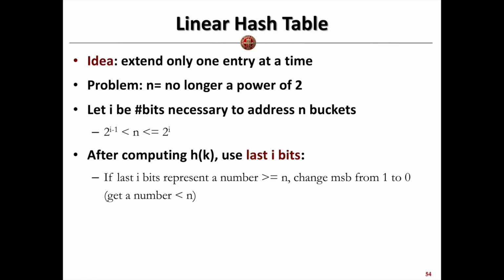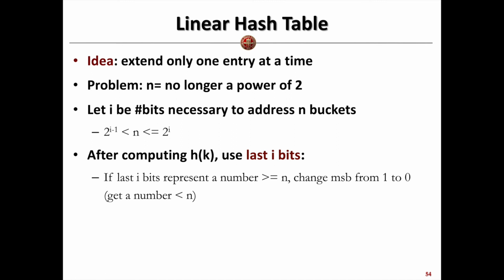Another difference here is in the hash function definition. Before, we mentioned that we use the first i bits for defining the hash function, right? However, for the linear hash table, we decide to use the last i bits instead. We use the last i bits for defining the hash function to represent a number.